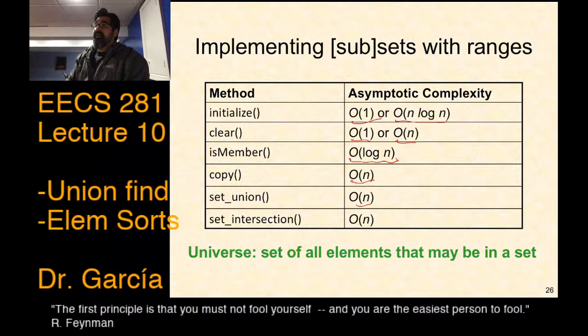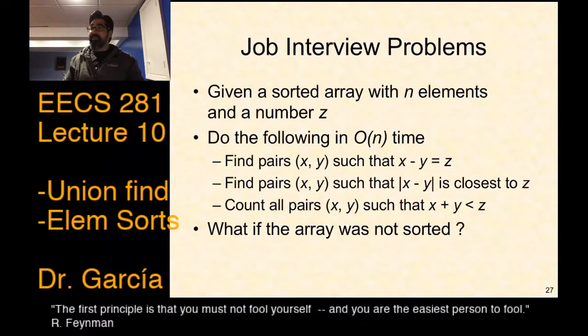Set intersection we haven't discussed in detail, but it is similarly linear in the size of the input sets. Okay?